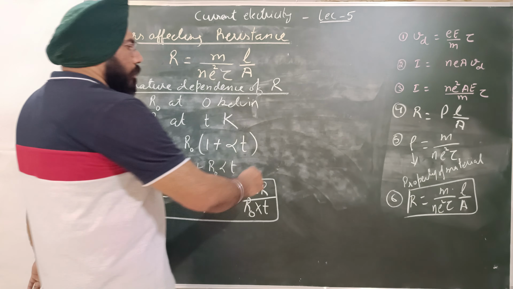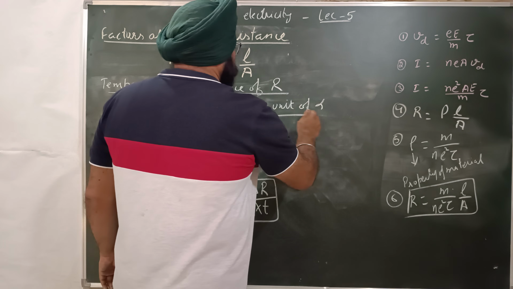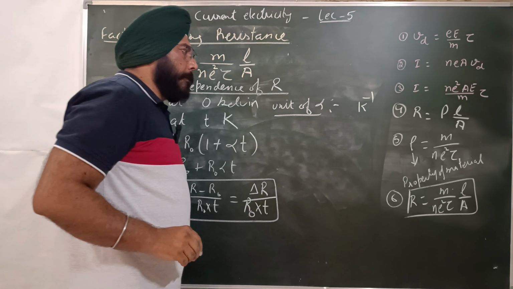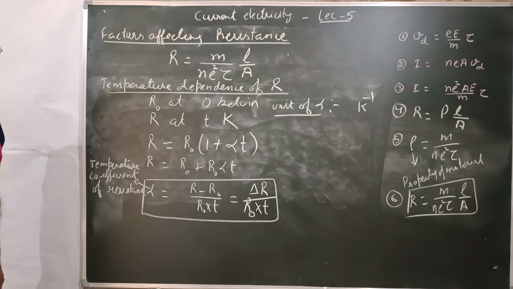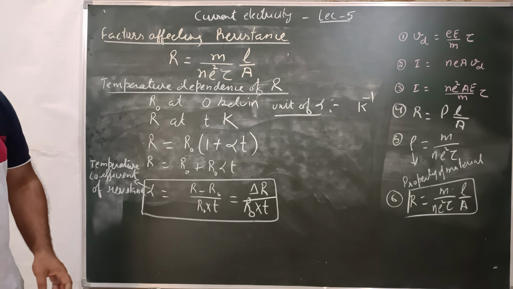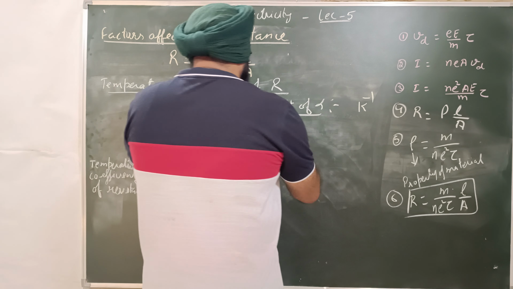The unit of alpha is per Kelvin, so K raised to power minus 1 is its unit. You can make a note of this also.